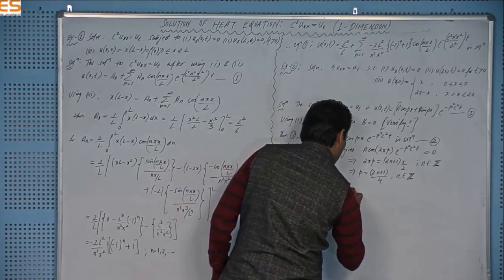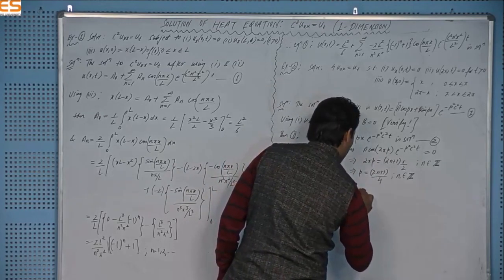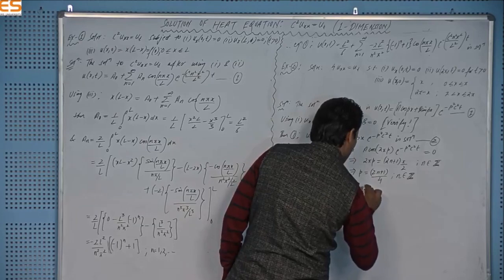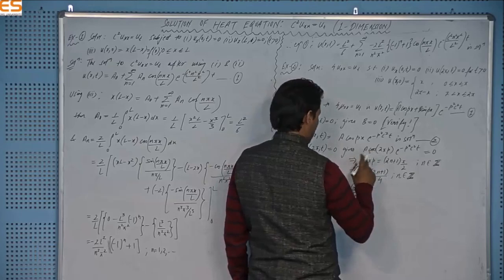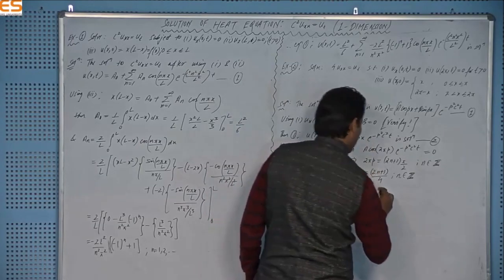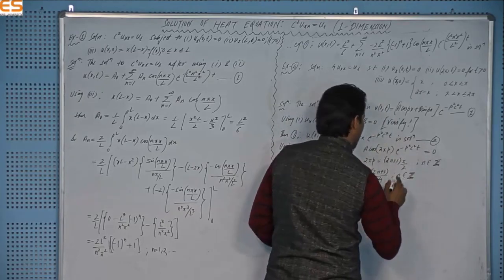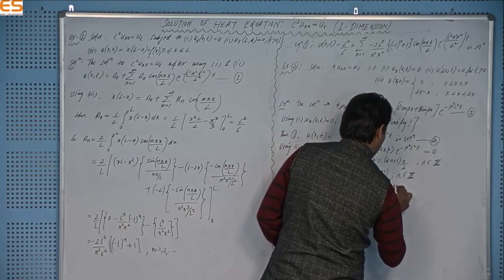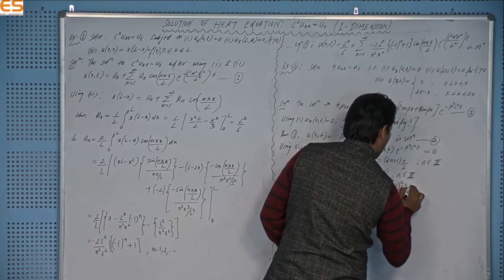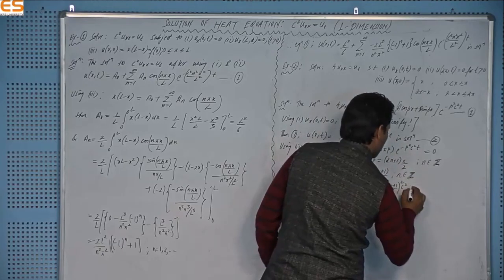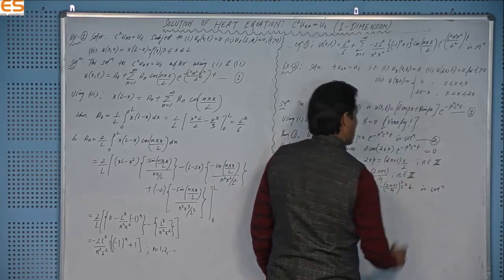A_n cos((2n plus 1) by 4 x), and this is the angle, and e to the power minus (pc) whole square t is the solution.